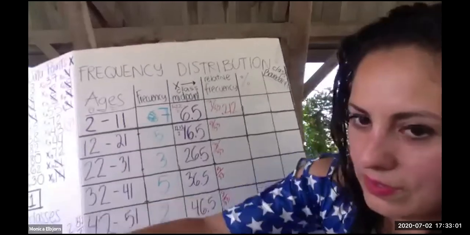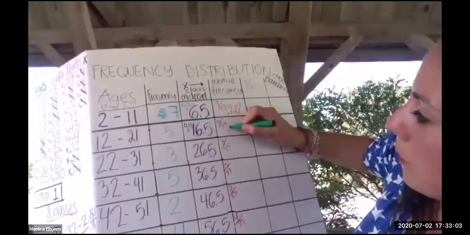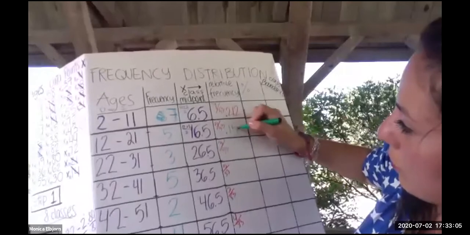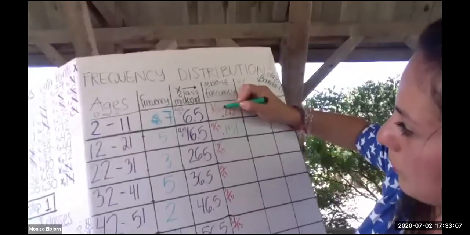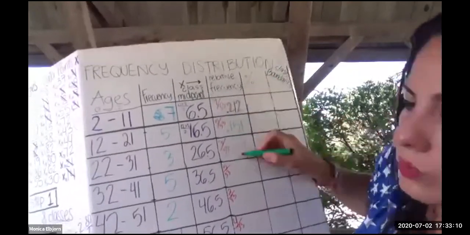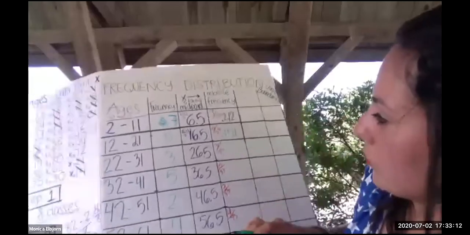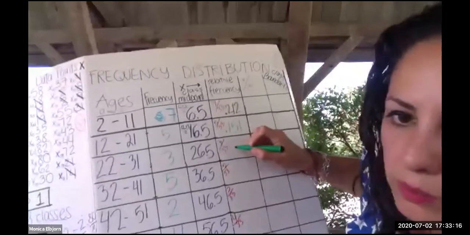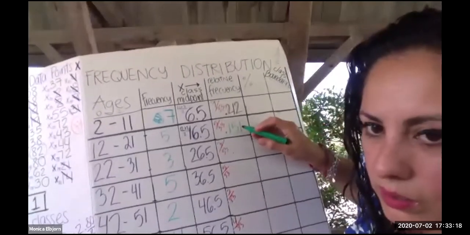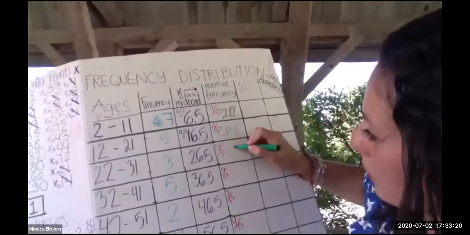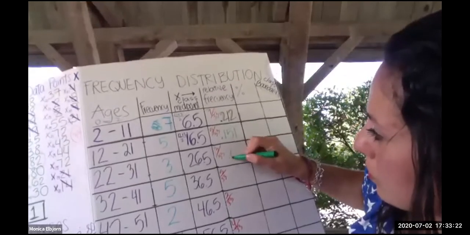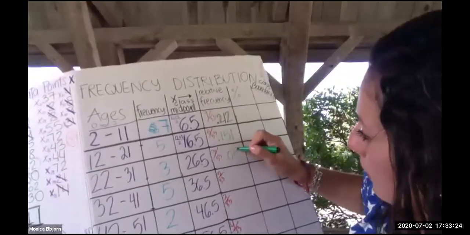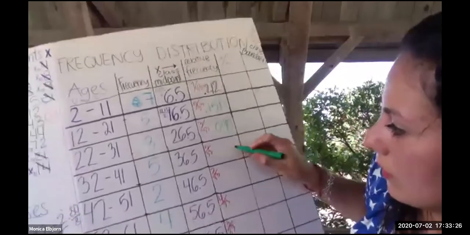Very good. 0.151. 0.212. And then the next one. 0.1. 0.09. And then 5.